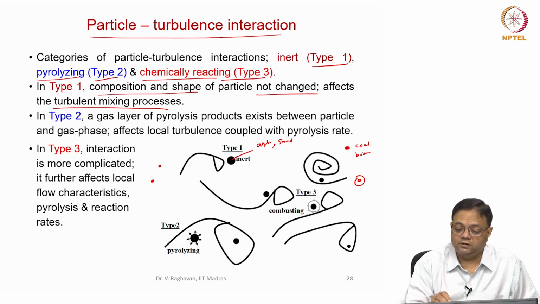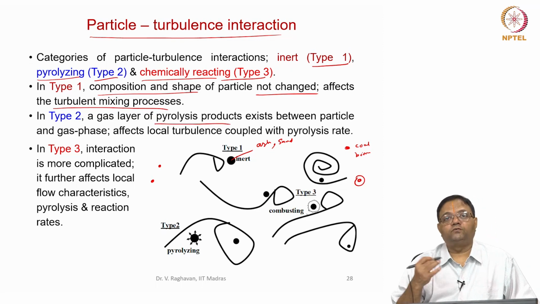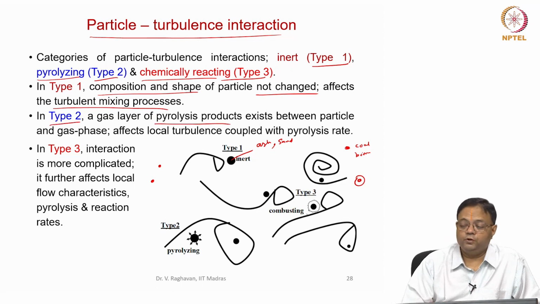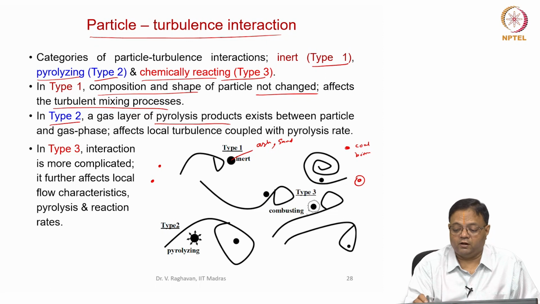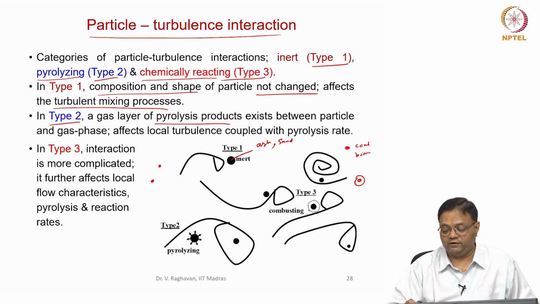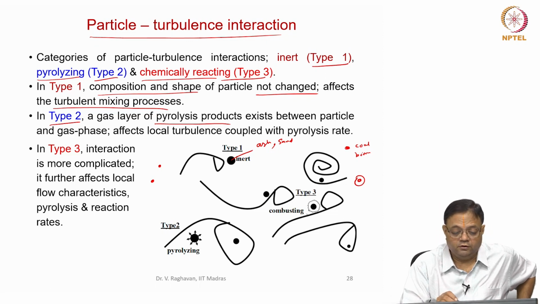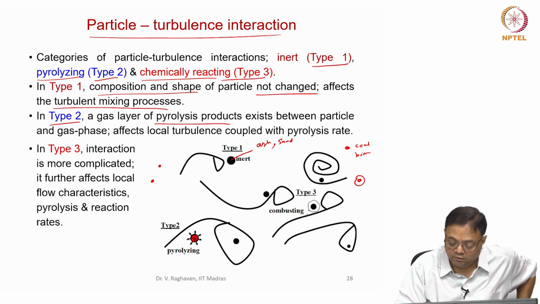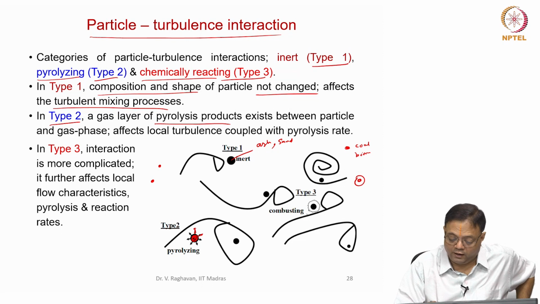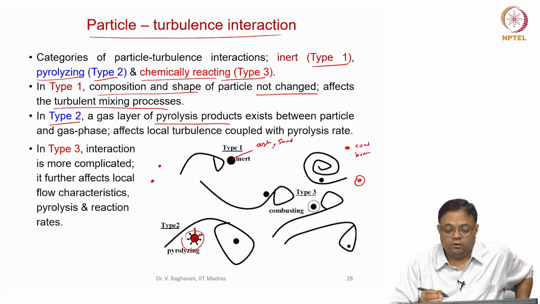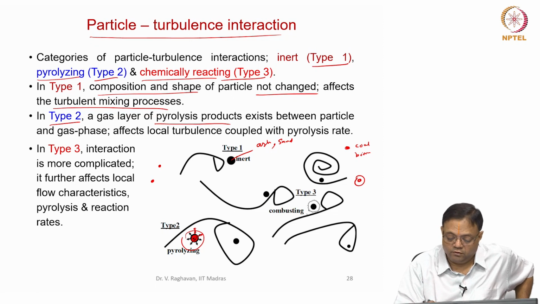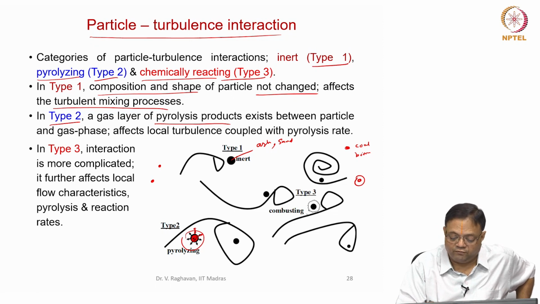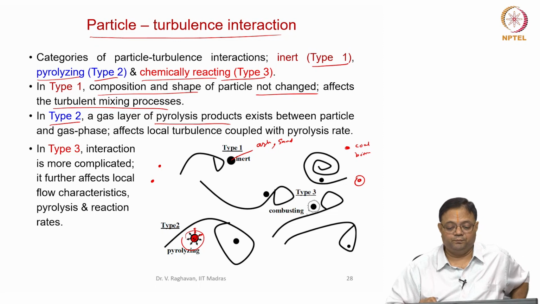Now when pyrolysis gases come out of the particles, the type 2, then a gas layer of pyrolysis products exists between the particle and the gas phase. Okay, pyrolysis gases are coming out, and there will be a layer of gas. This is the flame, and there will be a layer of gases between the particle and the flame.